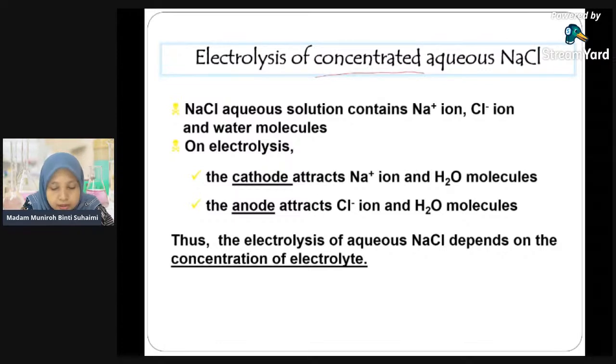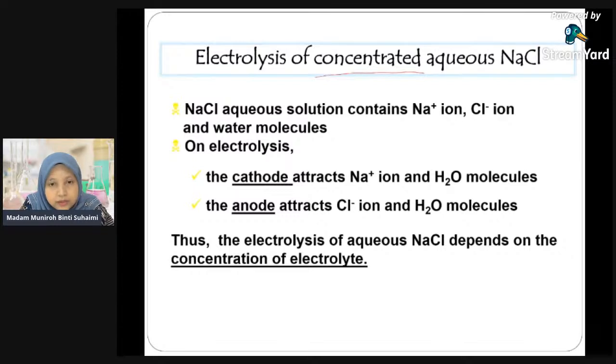Sodium chloride aqueous solution contains Na plus ion, the cation, and Cl minus ion, the anion, and water molecule. On electrolysis, the cathode attracts Na plus ion and H2O molecule, and the anode attracts chloride ion and H2O molecule.